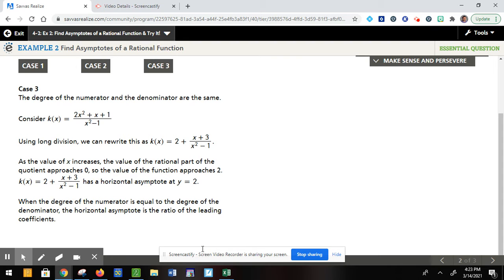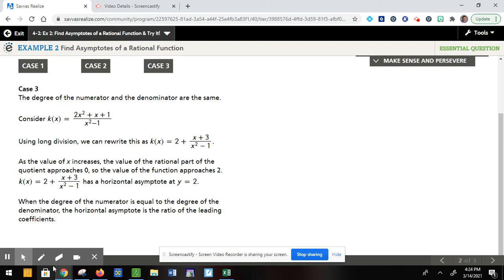But it's actually not this complicated, so let me explain. You can do that long division thing we were doing in example 1, and you get that 2. That means the horizontal asymptote is at y equals 2. However, another way to look at it, a simpler way, and what I would do if I was you moving forward: when the degree of the numerator is equal to the degree of the denominator, the horizontal asymptote is the ratio of the leading coefficients.